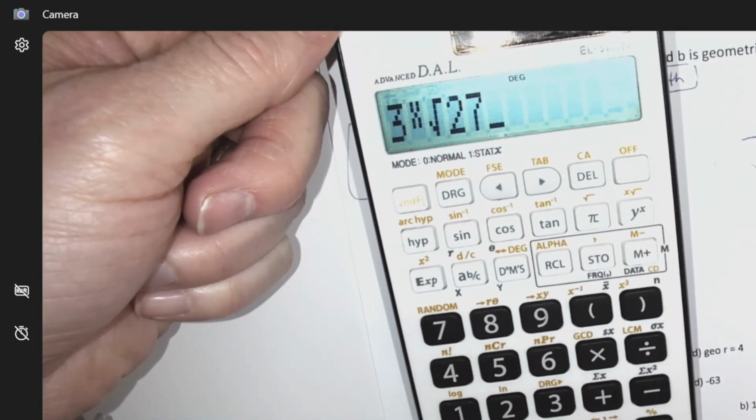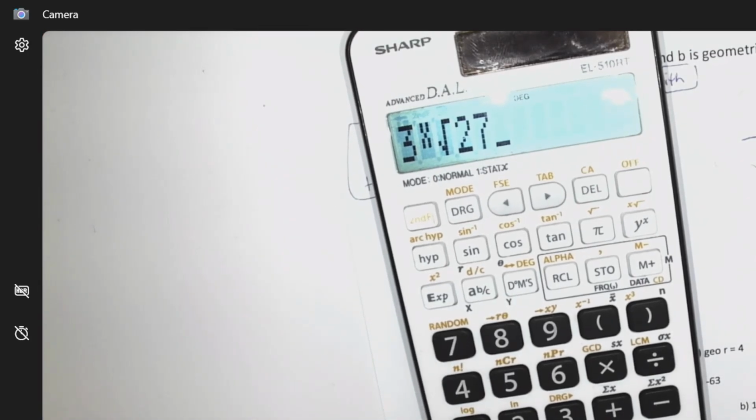Do you have a button that looks like that? So this means you can do any exponent. Shift that means you can do any root. Oh, because exponents and roots are the opposite of each other, right?